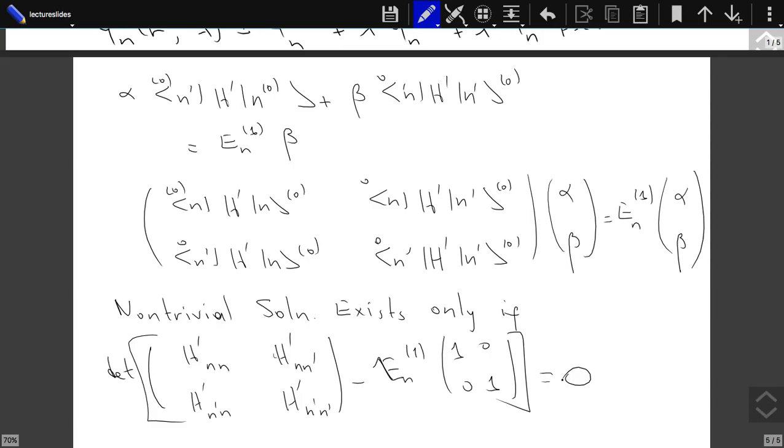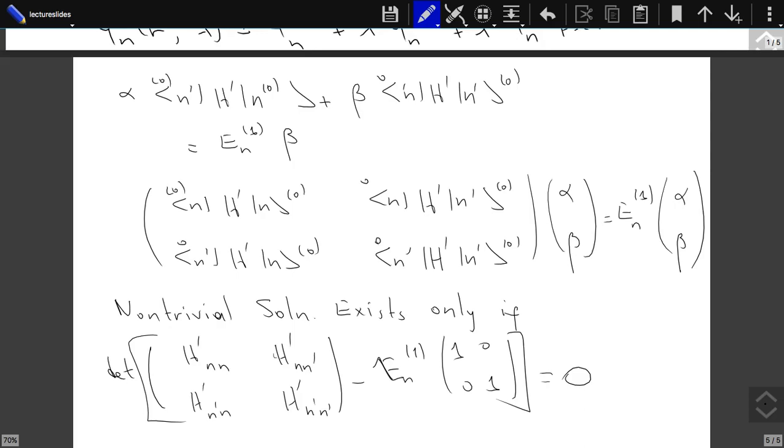We had started with two degenerate solutions. What this tells me is that En1 has two possible values. When we turn on the interaction, the degeneracy will disappear.